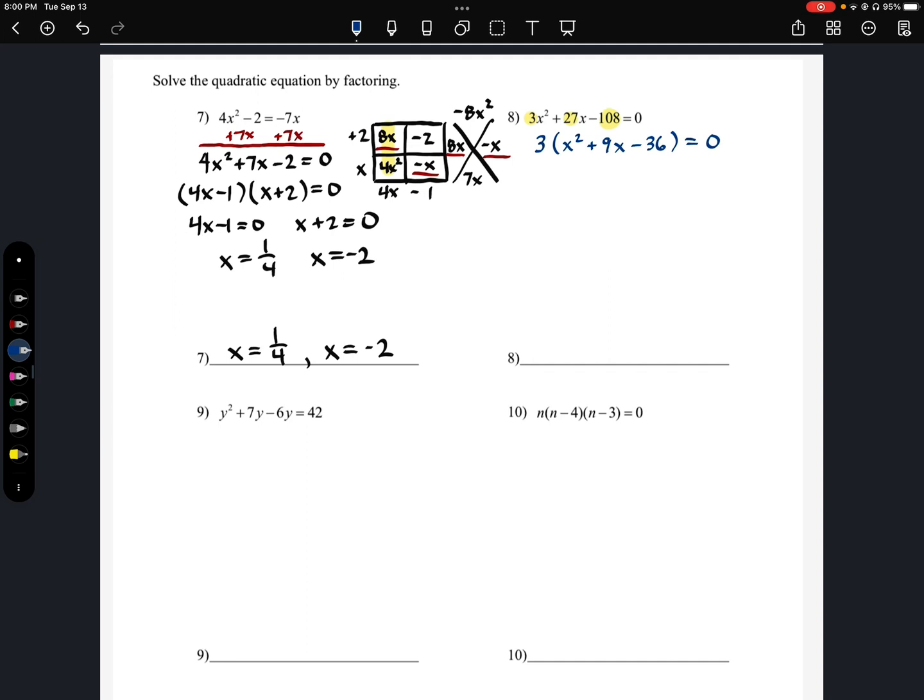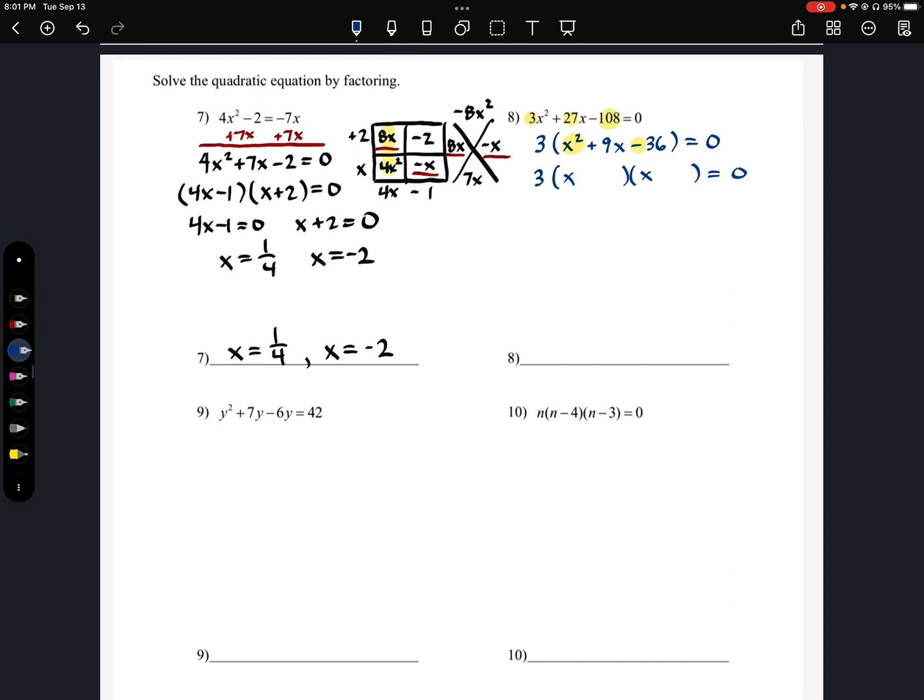All right, so now what we need to do is look to see, can we factor that? Since it's just an x squared, and we have this negative 36, that tells us we're going to be looking for factors of 36 that have a difference of 9.